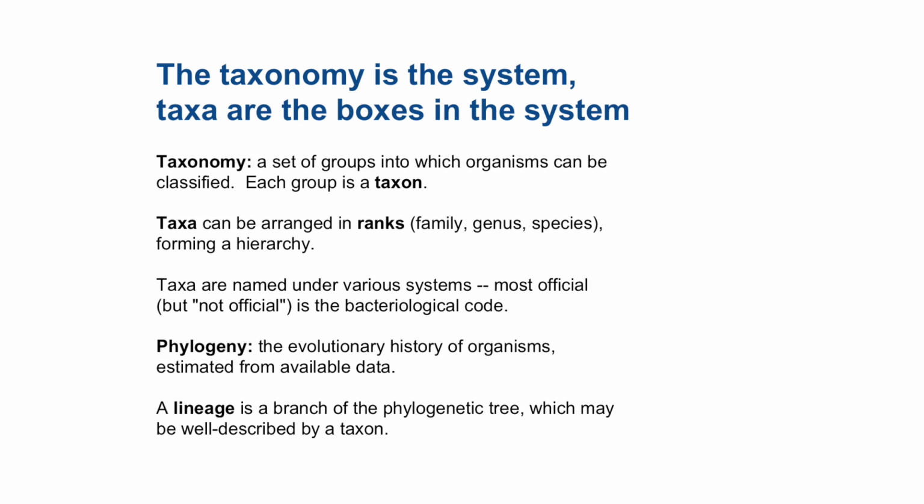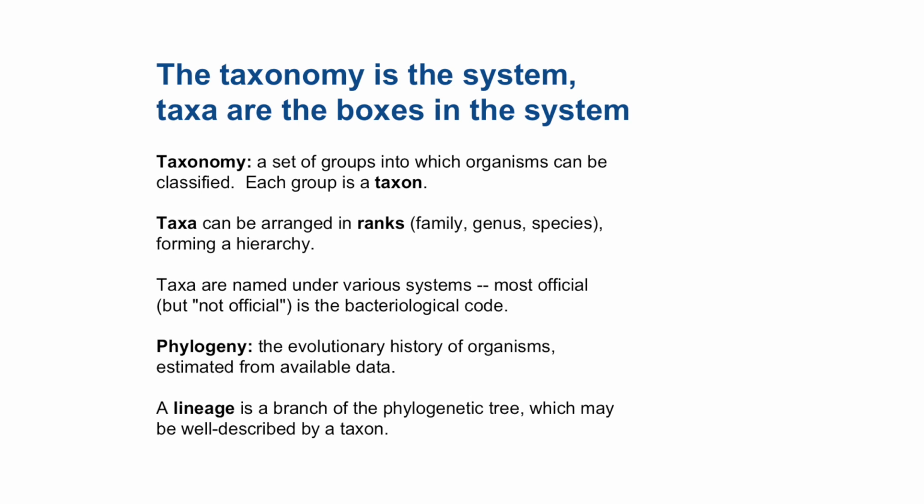Bacteria are named under the bacteriological code. And when they established the code, they said, oh, this is totally not official. It's an agreement among all scientists, but it's kind of official. It's as official as it gets. And then separately, phylogeny is a statement about what you think the evolutionary history of bacteria or a gene is.